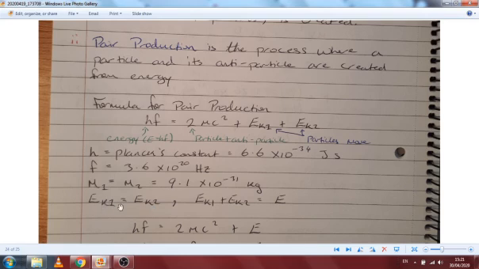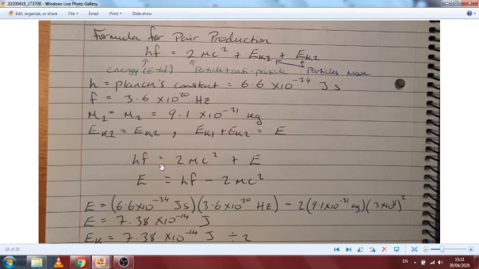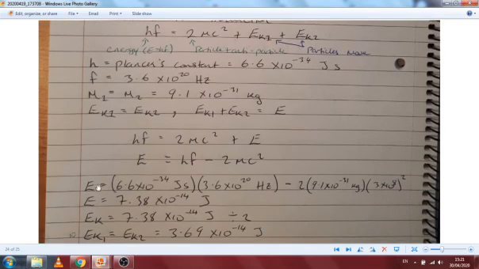Then just to make my life a bit easier, I organize it here. The kinetic energy of one equals the kinetic energy of the second, so their combined kinetic energy I'm just going to call E to begin with. I'm simplifying this formula to reduce down my constants and my variable side. So hf, which is our energy, is equal to twice mc squared plus E. I rearrange this, subtracting from both sides, so hf minus this is equal to E. Now that I have my information and my formula organized, I can sub everything in.